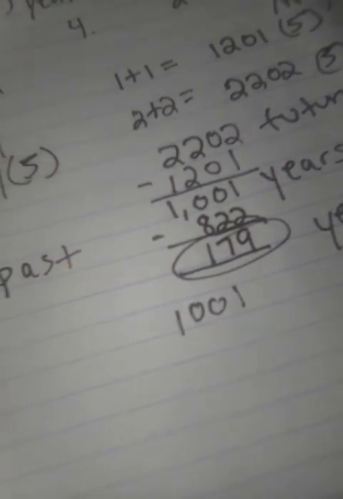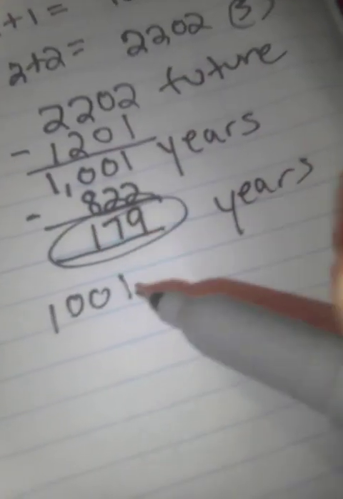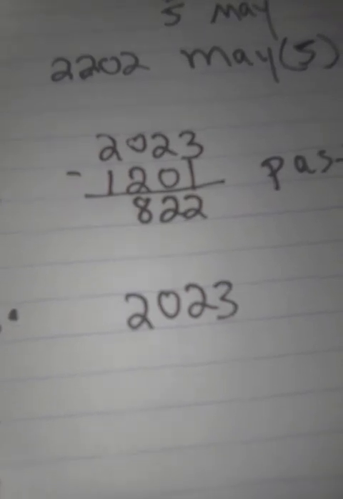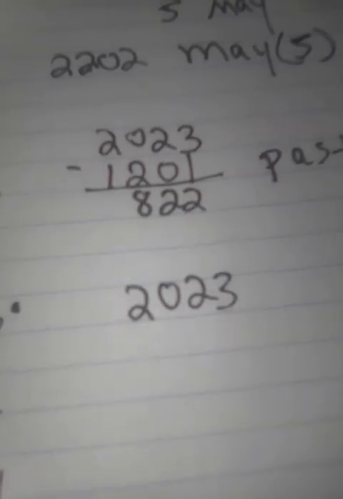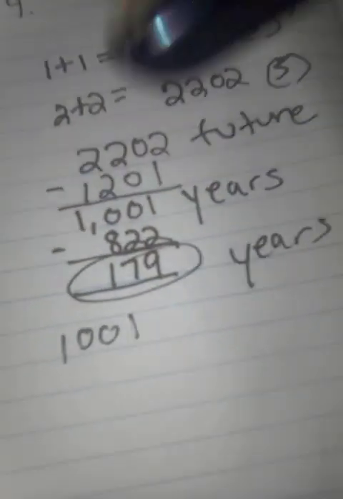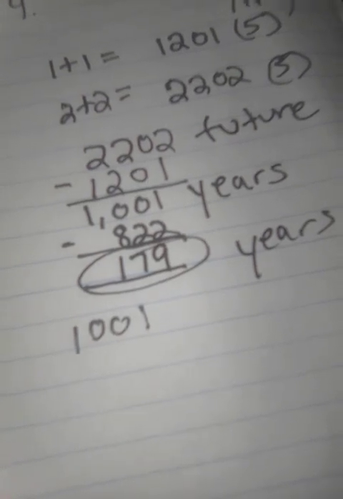Now we're going to take this answer, 179 years, and reapply it back to the current year we're in, which is 2023. From 1201 to now, 822 years have passed. In order for us to reach 1,001 years, we have to do 179 more years here.